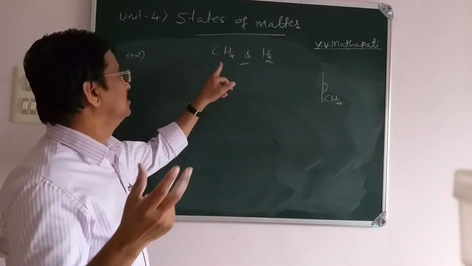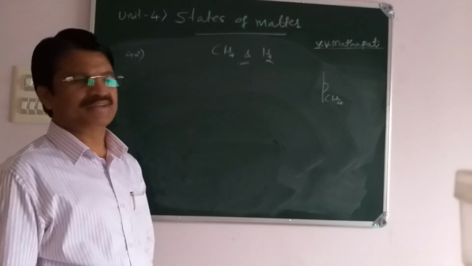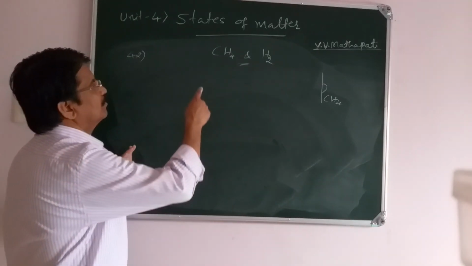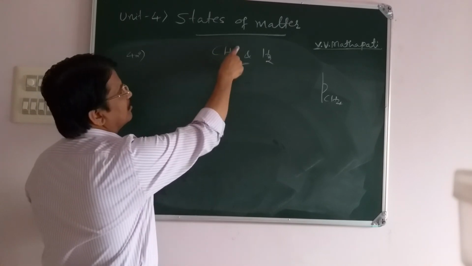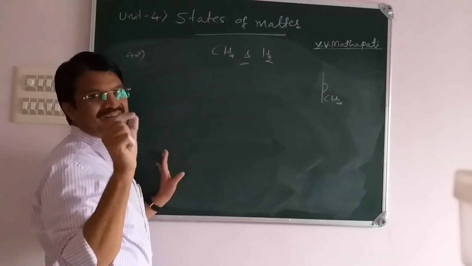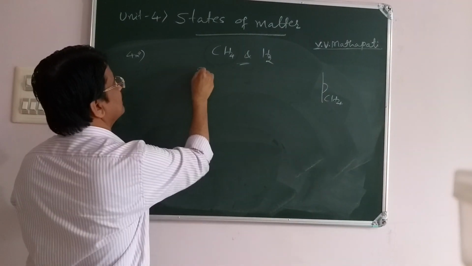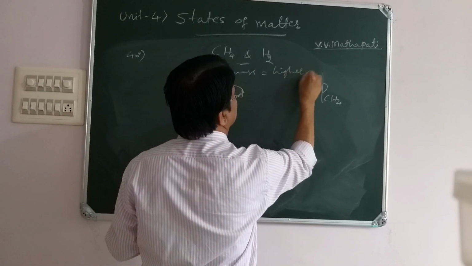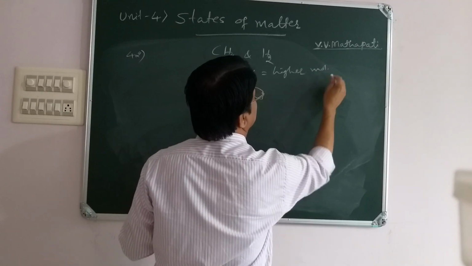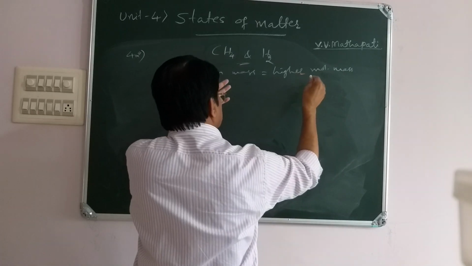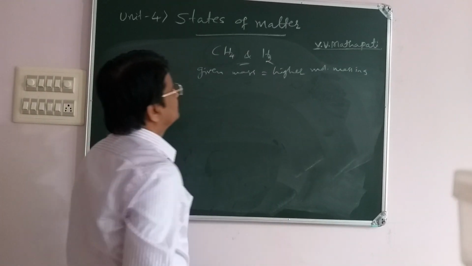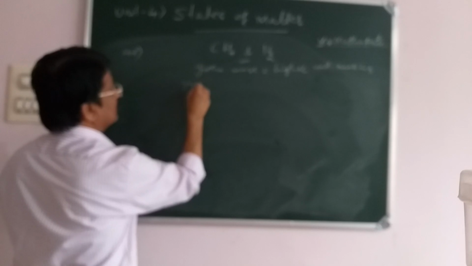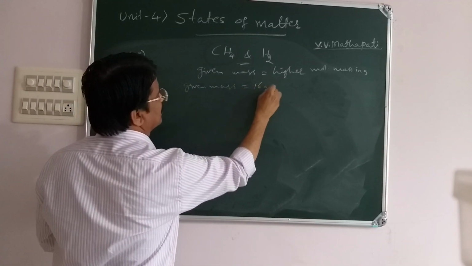If compounds or molecules are given like this, you have to consider the given mass equal to the higher molecular mass of the compound in grams. So the higher molecular mass is methane, therefore the given mass equals 16 gram.